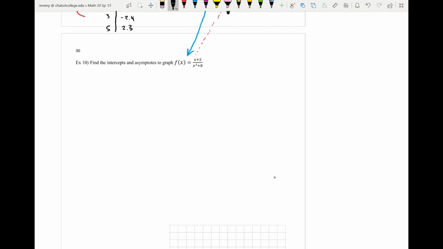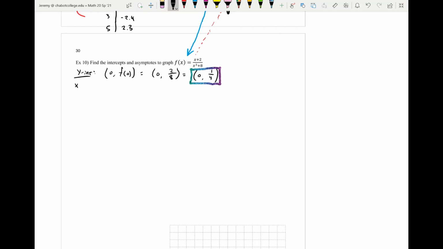So I'll find the intercepts. The y-intercept is going to be the ordered pair 0, f of 0, which in this case is going to be 0, and then I get just 2 over 8. So that's the ordered pair 0, 1/4. So there's my one y-intercept.